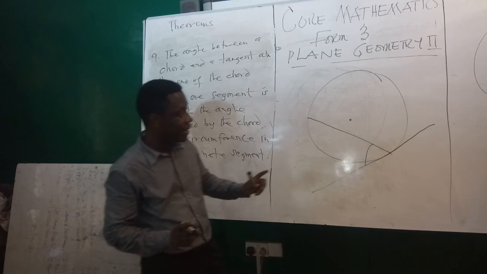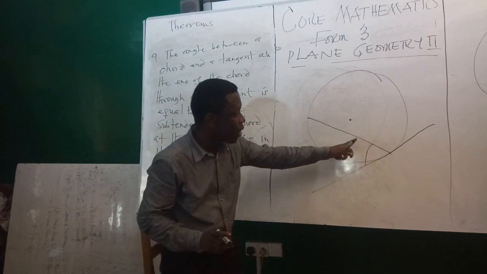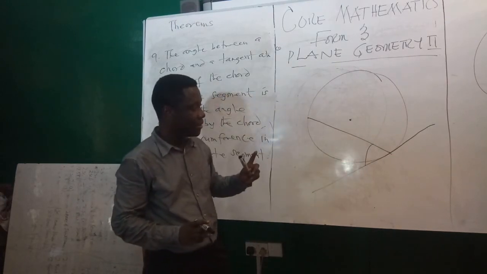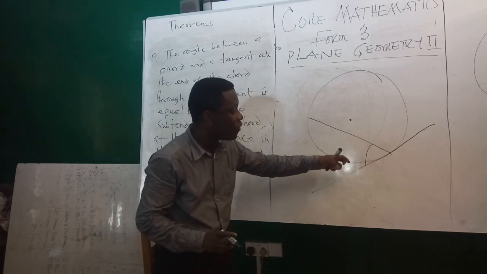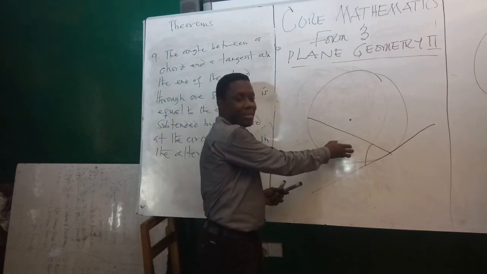You notice that we are looking at the angle between the chord and the tangent, but that angle is going through, for example, the minor segment in this case.